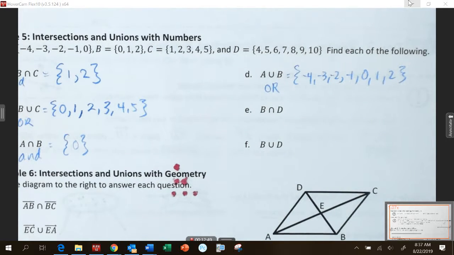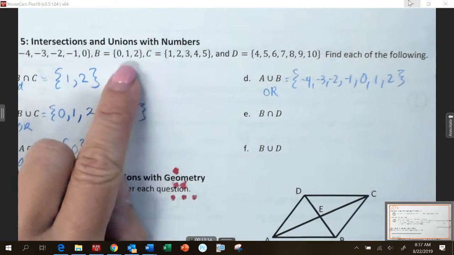Okay, look at E. Question E says B and D, intersection. What do they have in common?